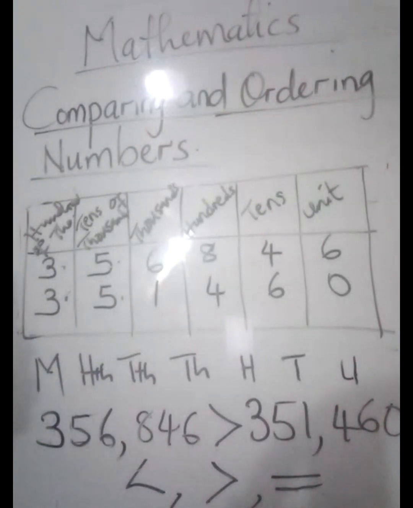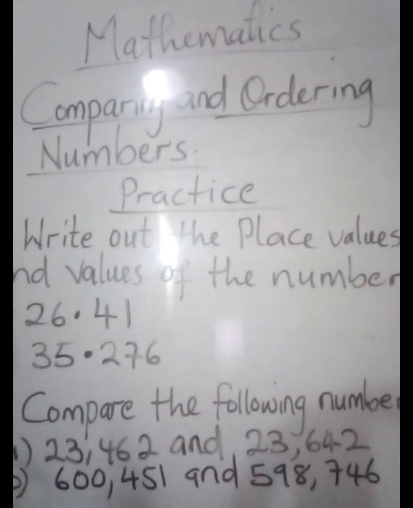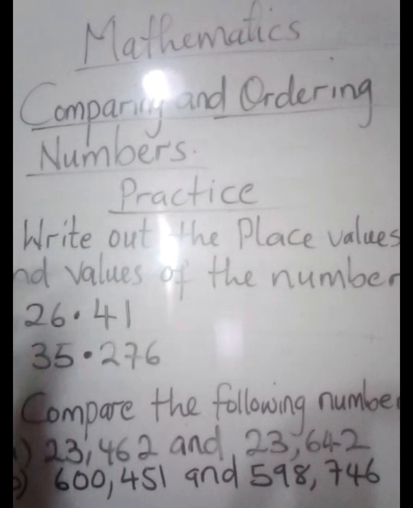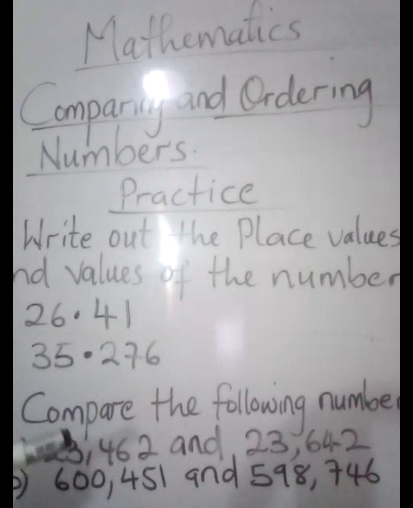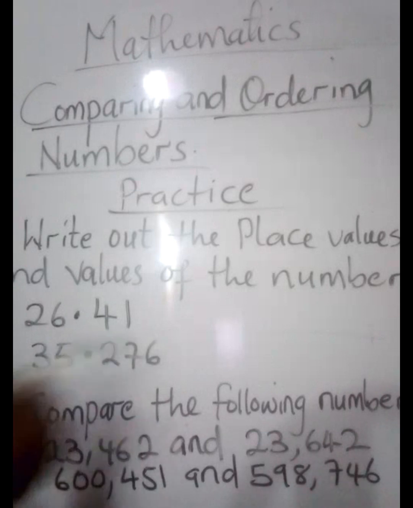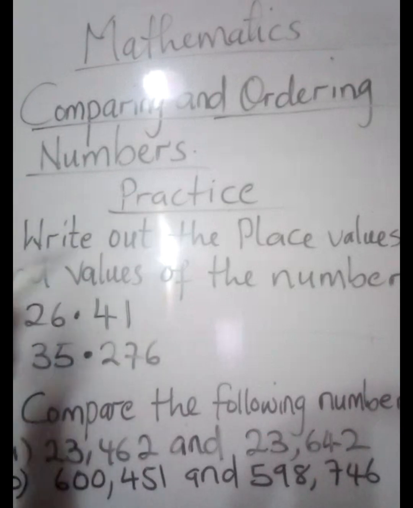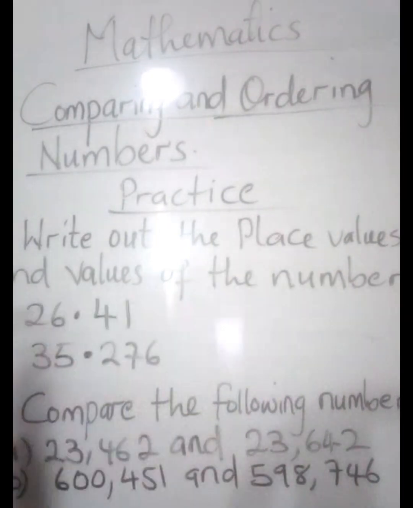Okay, so I'm going to give you some work to practice with, so that you'll get a hang of this. So right here you have a few problems, something very small actually, just for you to check how much of this concept you understand. So it's just for you to practice with. The first one here says, write out the place values and the values of these numbers.